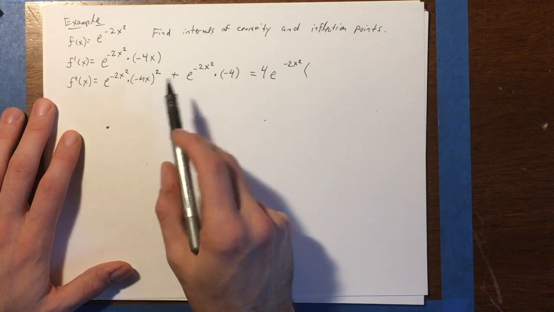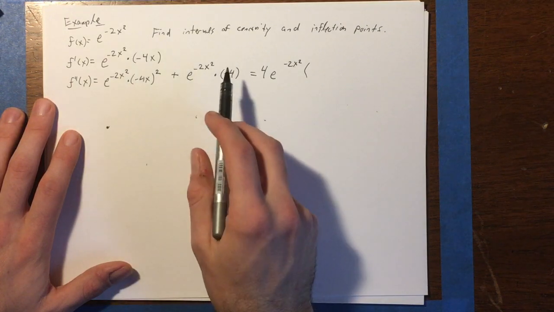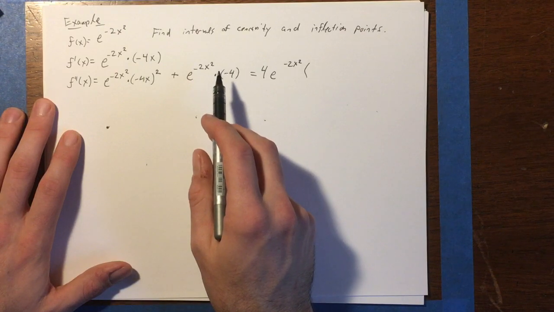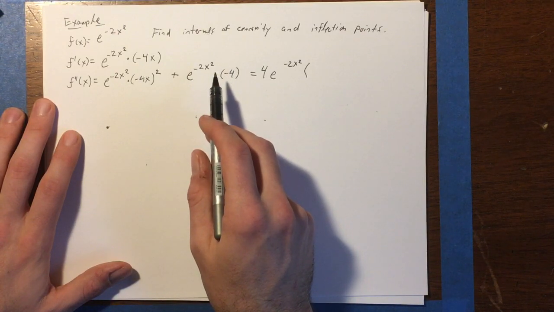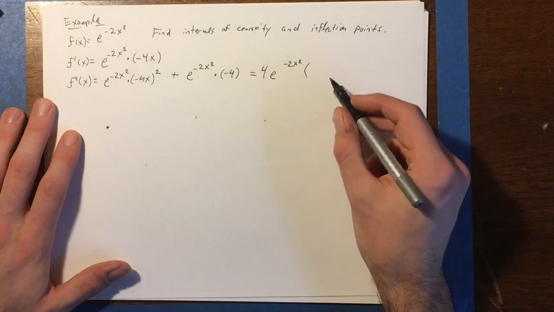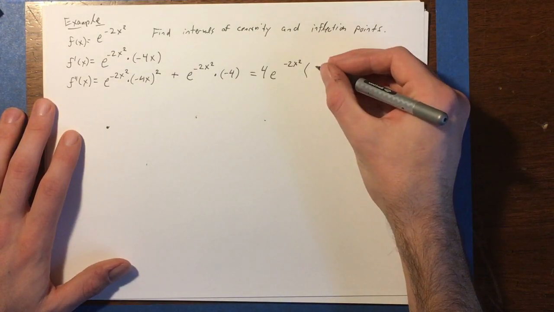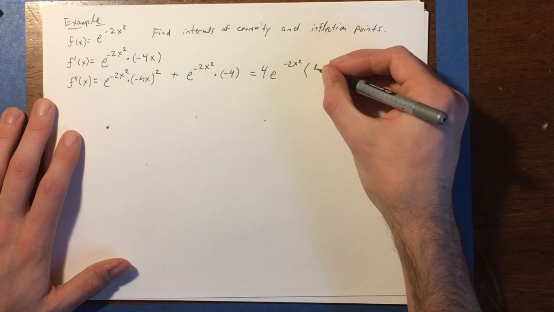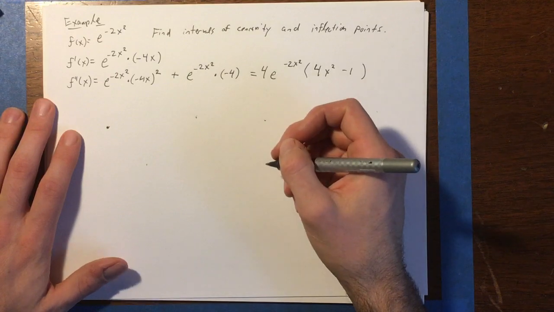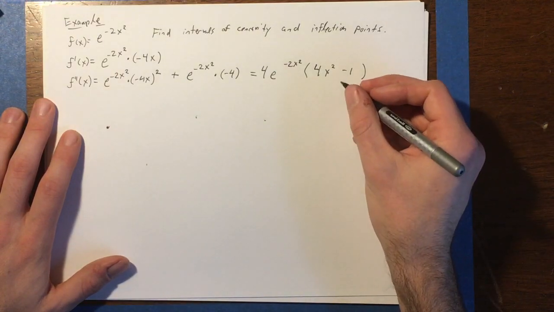I'm also going to pull out this 4 from both of these. Let me think about this for a second. I think we should, nope, that's exactly right, perfect. And so then what we're going to have left over after factoring out is 4x squared minus 1.